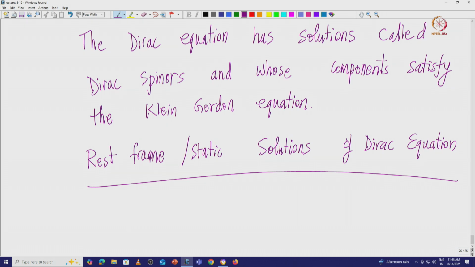We just go to the rest frame, essentially setting p bar to be very small. So psi alpha of t is equal to e to the power of minus i alpha m t times some psi alpha of 0. Okay, these are the solutions.